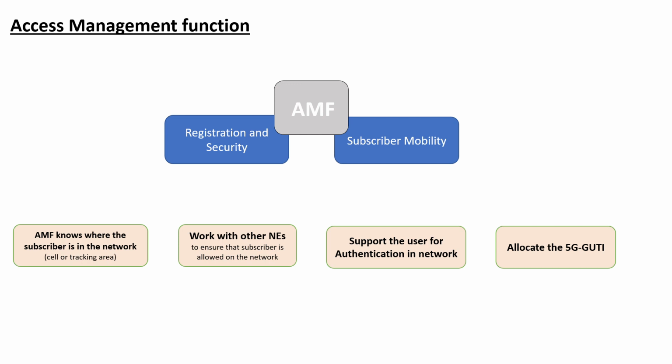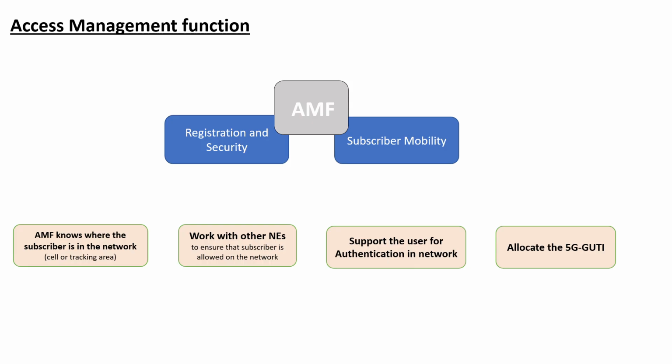So let's say that the subscriber authentication is successful and the subscriber is allowed to access the 5G service. Now after checking all these things, AMF sends the registration accept message towards the user, right?